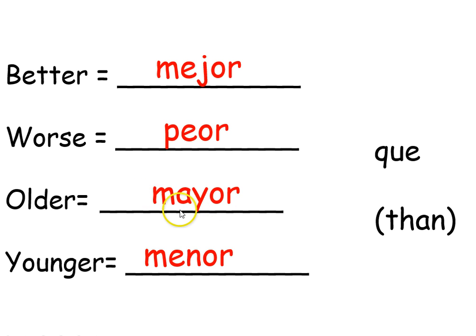Mayor, it basically is the word mayor in English, and the mayor of a town is always older. Whereas a menor, a minor, you're all minors because you're young. So minor, menor, young. Mayor, old. Peor just sounds like pew, worse. And then you remember better as mejor. And then you follow them with the que, the than.